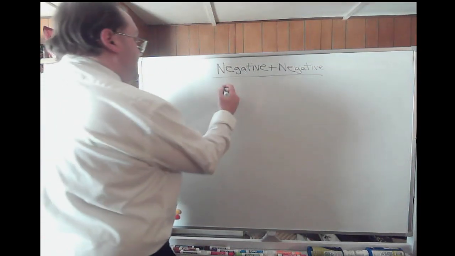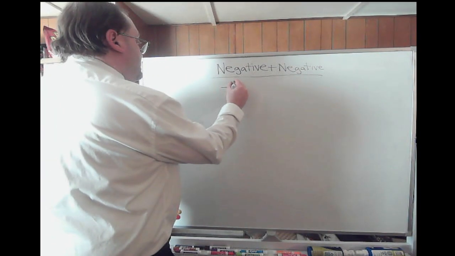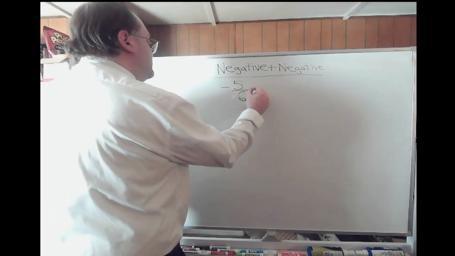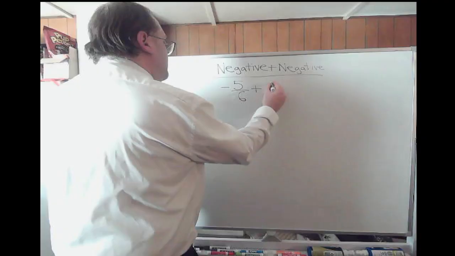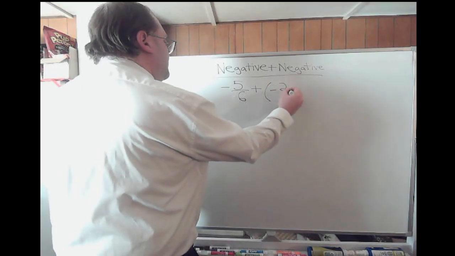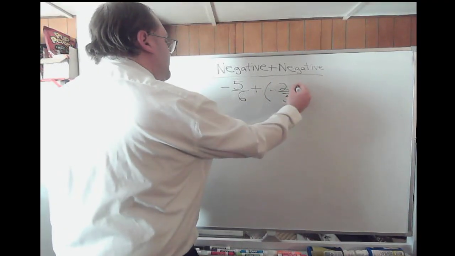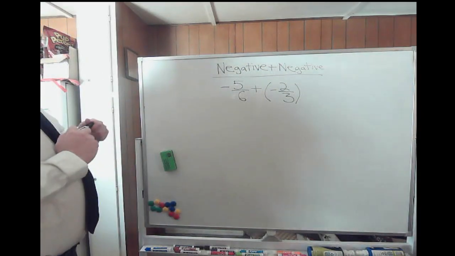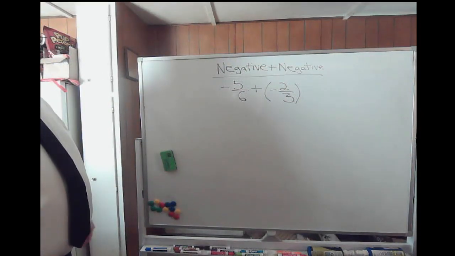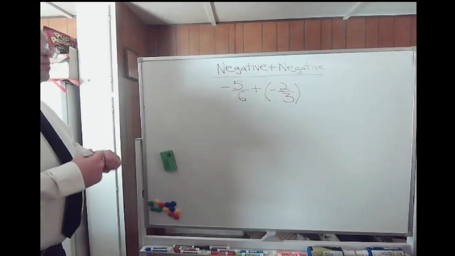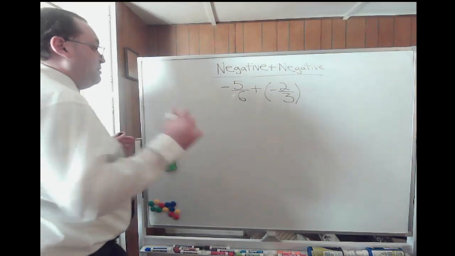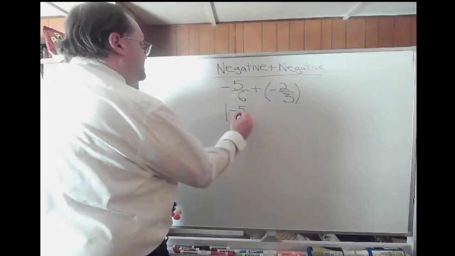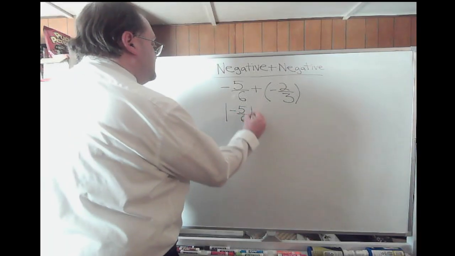Now let's say we have fractions. Negative 5/6 plus, we'll say, negative 2/3. Right? We have the fractions negative 5/6 plus negative 2/3. Well, start out by taking the absolute value of these fractions. So absolute value does in fact work on fractions.